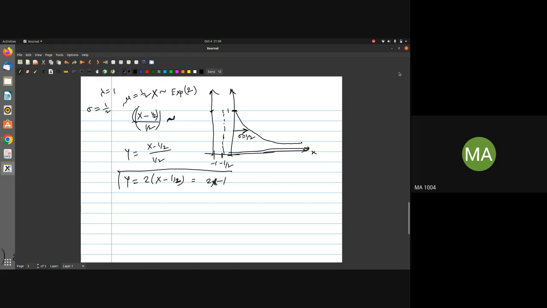Okay, how many of you have studied this? In Stat 1 we have seen, sir, but that is for discrete, I think. For continuous, in week 5 it is there. Okay, just go through this, then we'll discuss it.